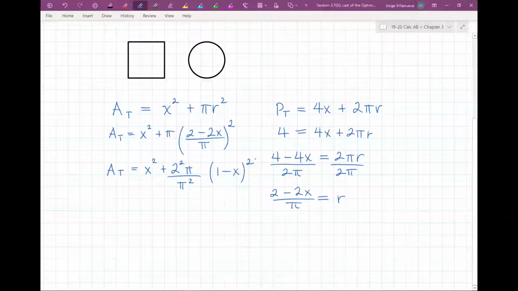I took out the pi from the bottom of the fraction, but since it's squared, I've got to take 2 of them out. I factored out a 2 from the 2 minus 2x, so that allows me to bring it out, but it's a 2 squared, right? So if I simplify, I get A sub t equal to x squared plus 4 over pi. And then inside of that, if I expand it, it'll be 1 minus 2x plus x squared.